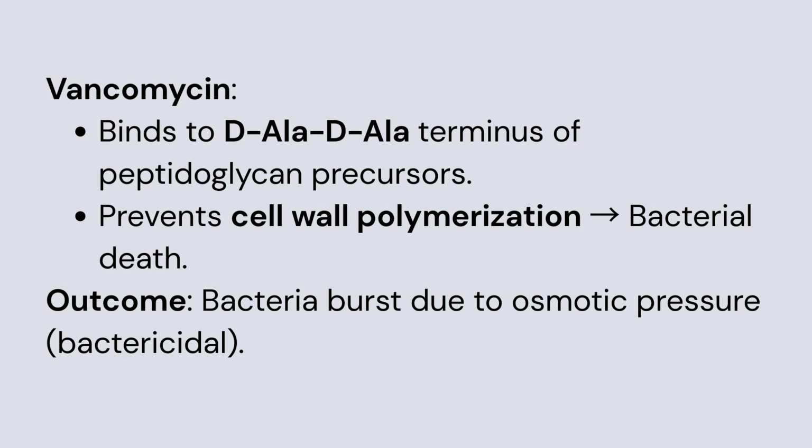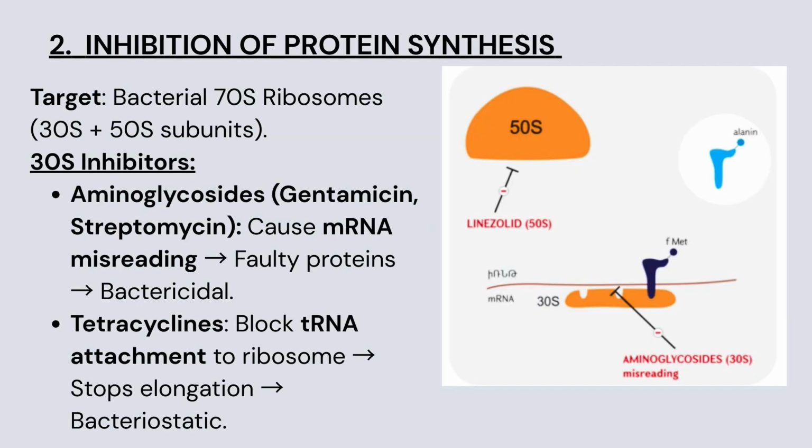This is called D-alanine terminal. Vancomycin binds to the D-alanine terminal of peptidoglycan precursors, preventing them from being incorporated into the cell wall. So it prevents cell wall polymerization and causes bacterial death. As the inhibition of cell wall synthesis leads to bacterial lysis, it is considered a bactericidal mechanism.